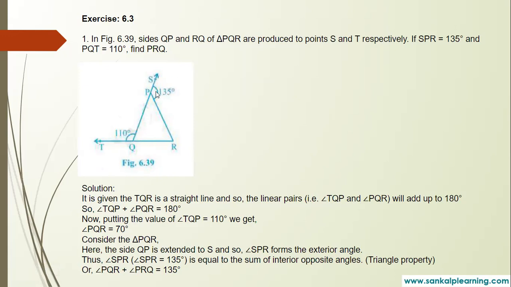Yes, here also children, look, this is a straight line, and this is a straight line standing on the line SQ. This is 135. So you had to find this angle, right? Angle QPR. What does this angle come to? 180 minus 135. 180 minus 135 is how much? 45, right?